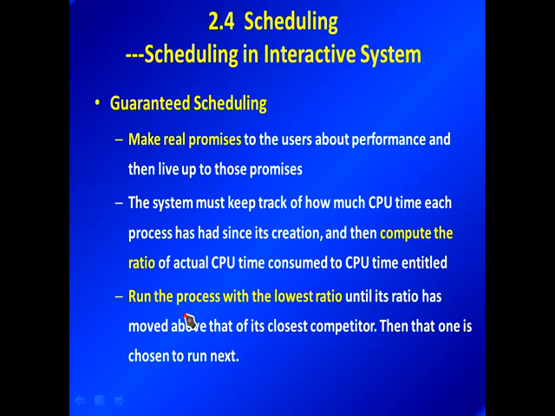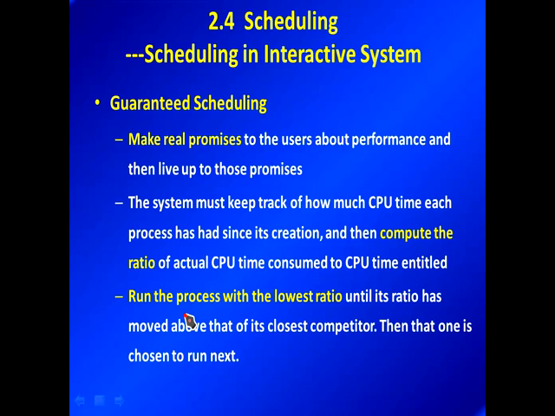And then the scheduler will keep its promise by keeping track of how much CPU time each process has used, and then comparing the real execution time to the promised CPU time, and finding the process with a big difference between the real execution time and the promised execution time.